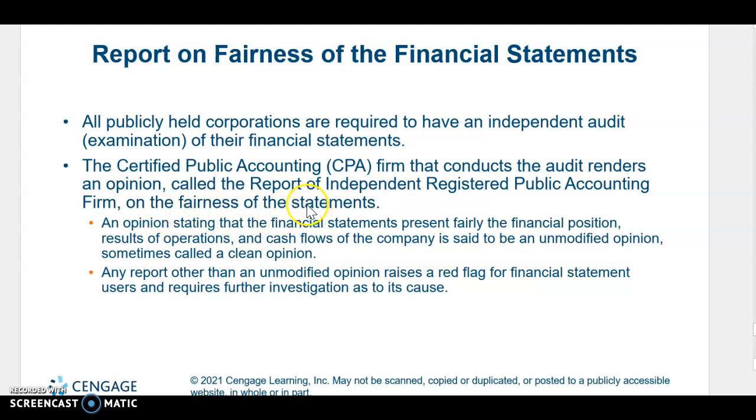So they'll have an opinion stating that the financial statements fairly represent the financial position of the company, and the results of the operation and cash flows of the company is said to be an unmodified opinion. This is called a clean opinion. Any report other than an unmodified opinion is going to raise red flags for financial statement users, and it will require further investigation if it is a report other than an unmodified or clean opinion.